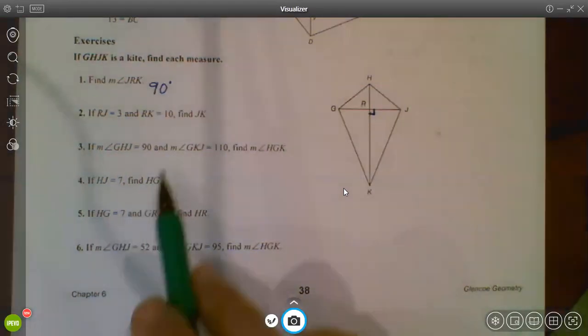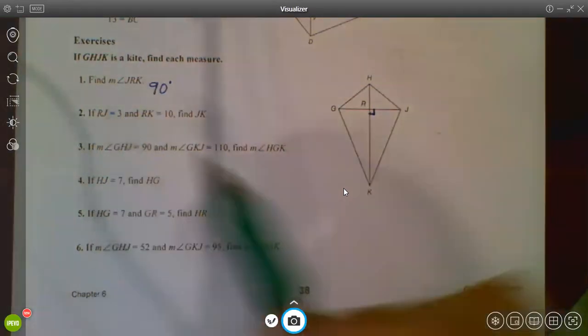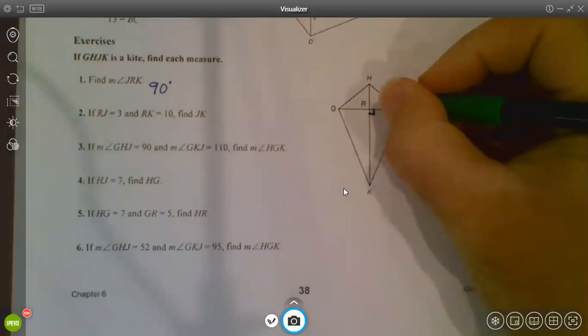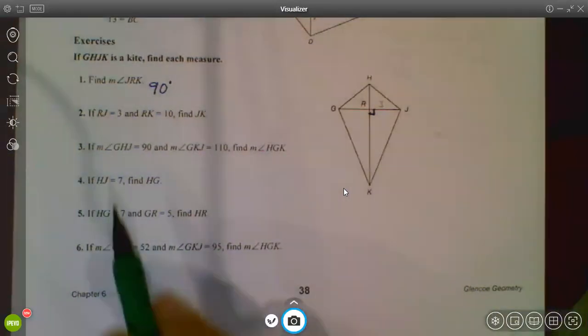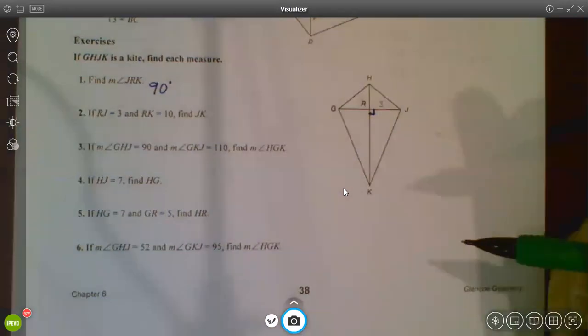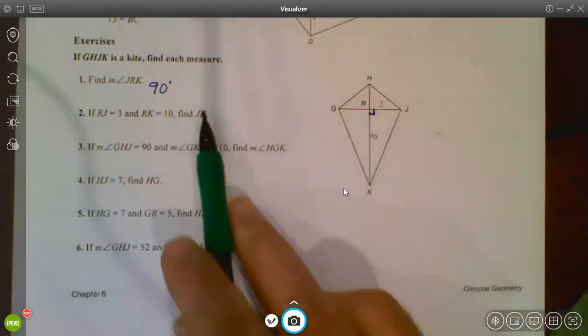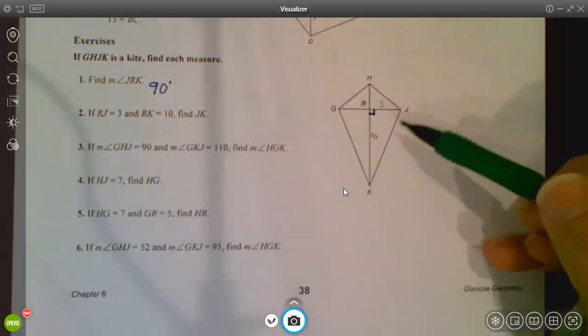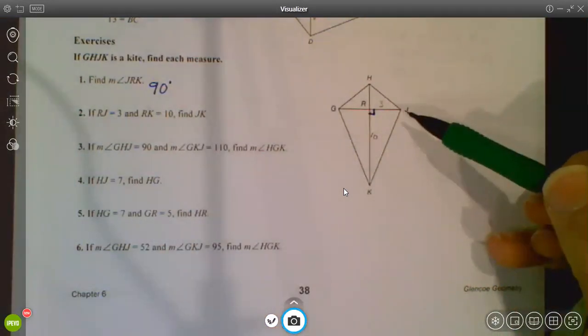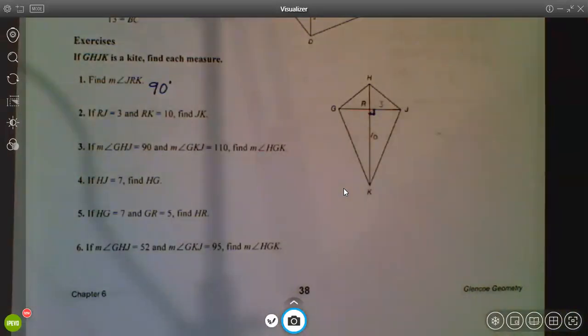All right, new scenario. What if RJ was 3? So what if this guy was 3? And what if RK was 10? What would that make JK? What would that make this guy? Guys, again, as soon as you see the right angles, start thinking right triangles.